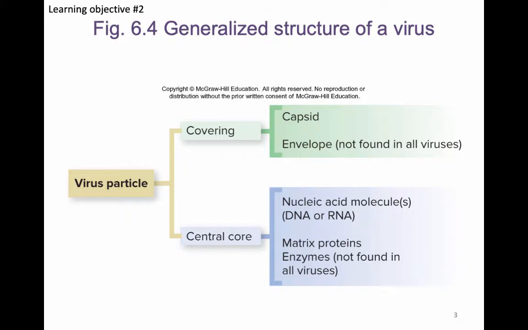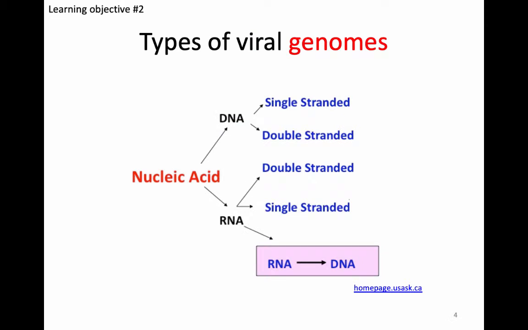The central core or the components of the interior are going to be a nucleic acid, either a DNA or RNA molecule, and occasionally we'll find proteins, specifically enzymes that will perform functions that the host cell cannot do for the virus. The genome of the virus, as I mentioned, can be DNA or RNA, and that DNA and RNA can be either single-stranded or double-stranded.